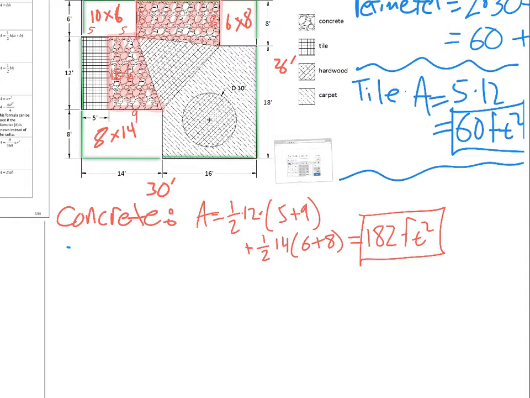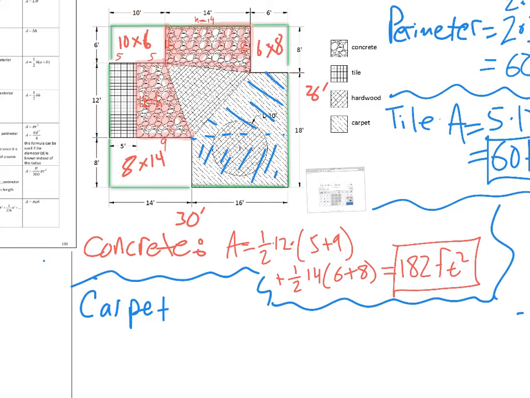All right, so carpets. Let's see. We've got the area of the rectangle. Let's start with the rectangle down here. It's 8 by 16. Plus, we've got this trapezoid right here.